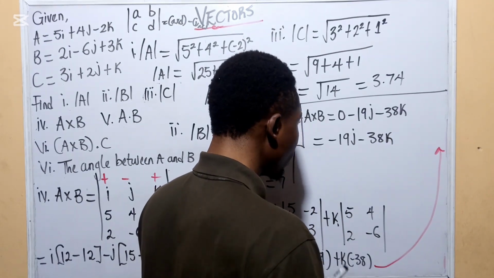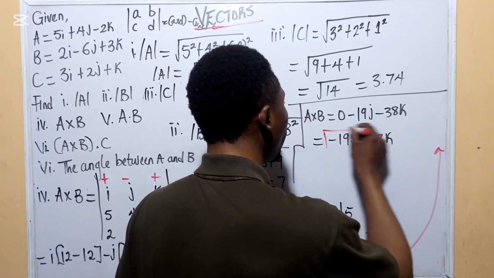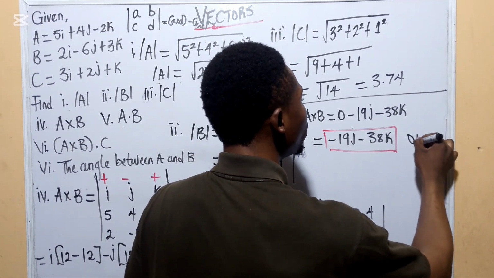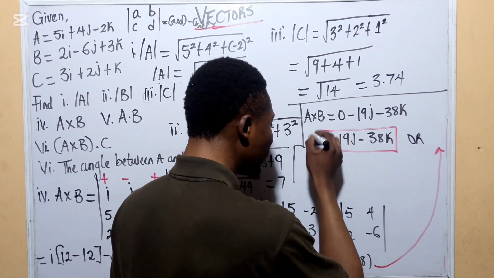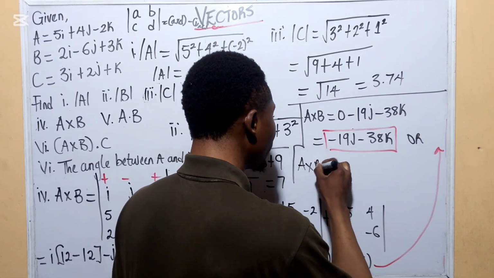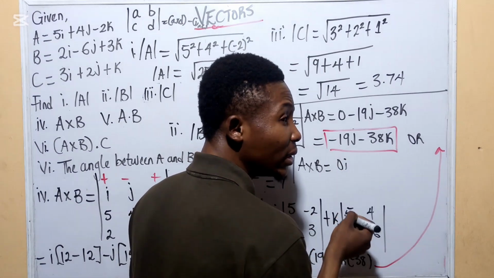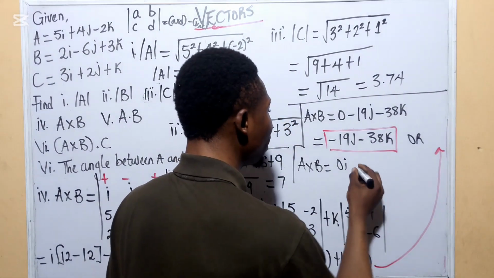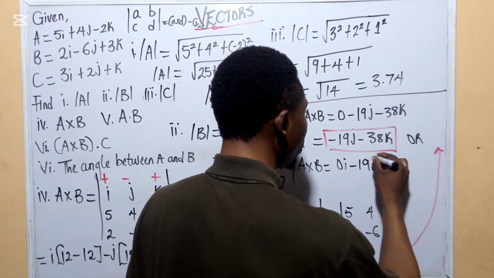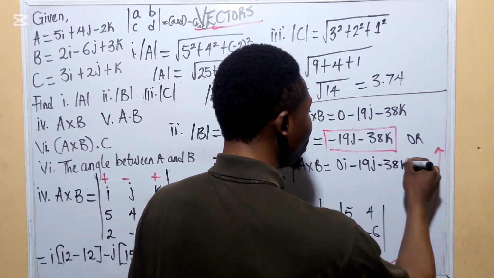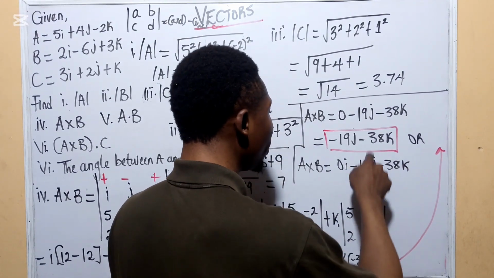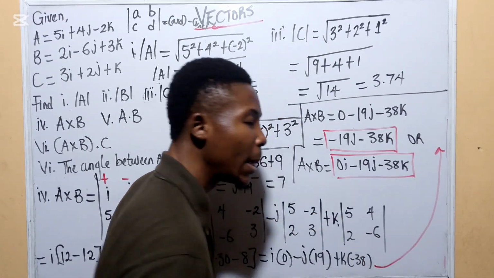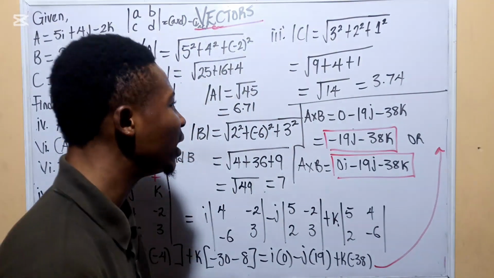Now, of course, this is our answer for A cross B. Or I can also write this same A cross B as 0i, minus 19j, minus 38k. Now 0 times I, of course, is 0, which is not really relevant, but I can still write it like this. So either this or this is a way you can express your answer depending on what you are dealing with.